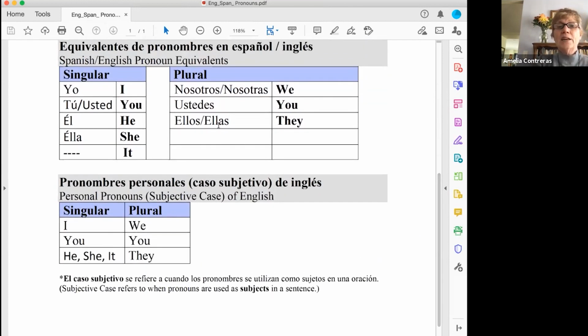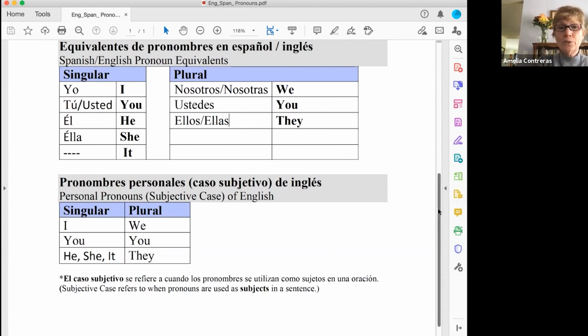And then for the plural of he and she, we use they. Once again, because of your gender attributes, you would have either ellos or ellas to distinguish between male or female. And if it's a mixed group, you would use ellos. But we have just one word, they, no distinction.